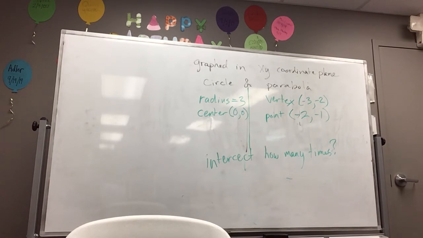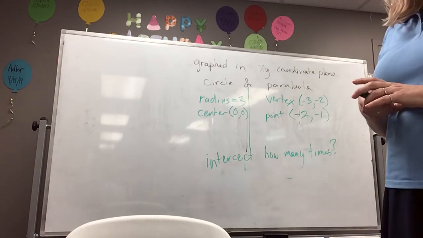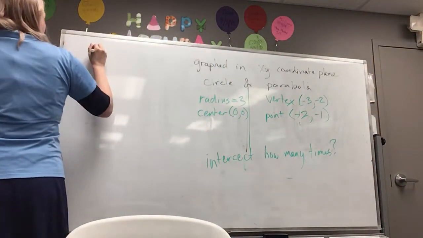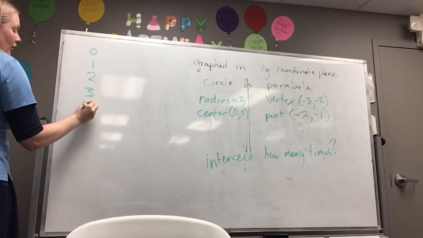Do they not meet at all? Do they meet once and only once? Do they meet twice? Do they meet 3 times? 4? How many times do they meet? And again, your options are 0, 1, 2, 3, or 4.